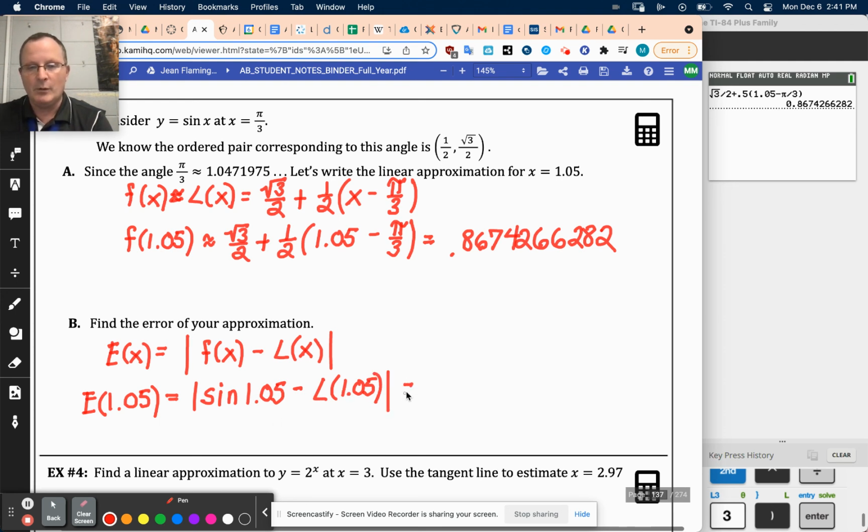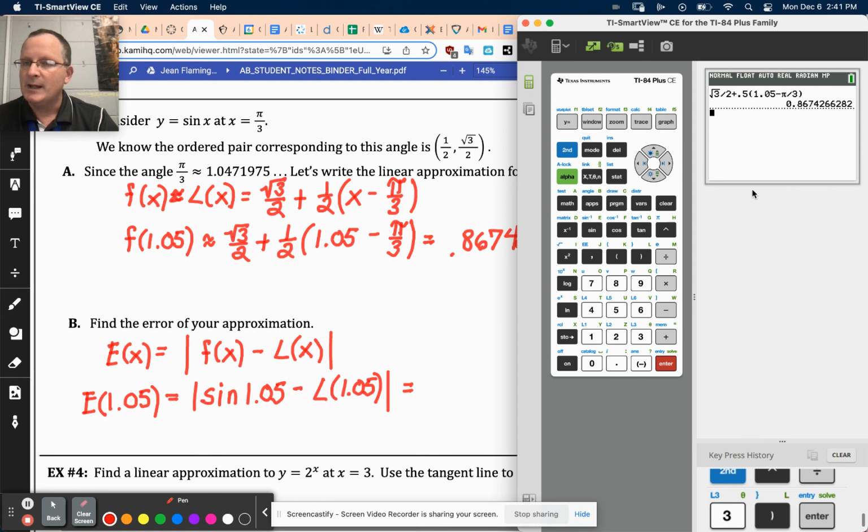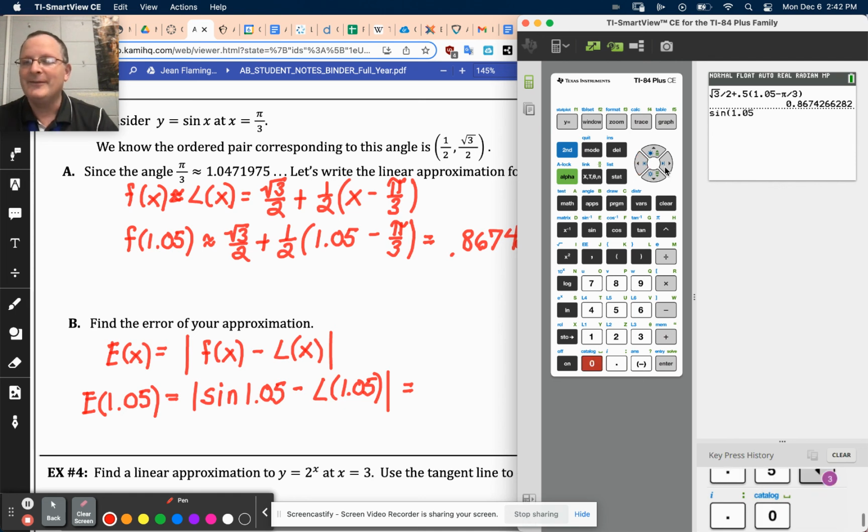All right, so this will equal approximately, because I'm rounding everything, I'll make the value positive regardless. So sine of 1.05, and make sure we're in radian mode, so that should be fine. Minus that previous answer. It might be negative, might be positive.